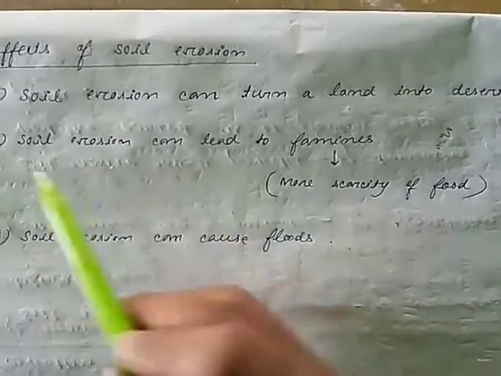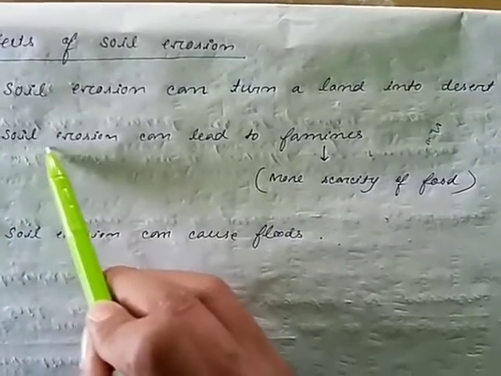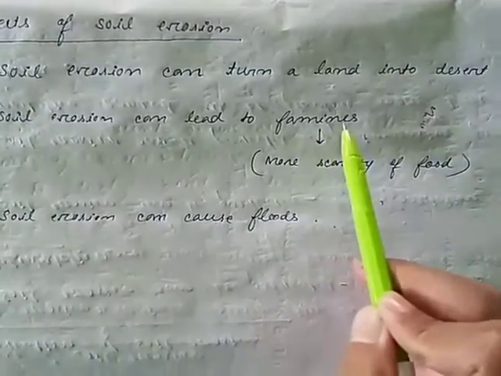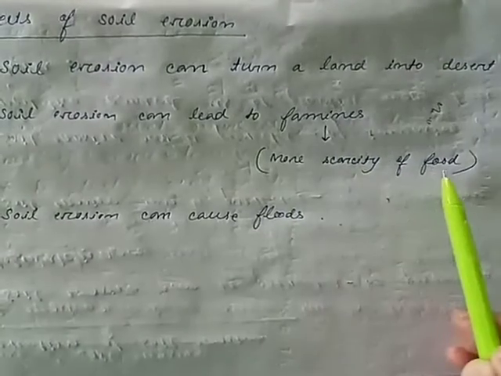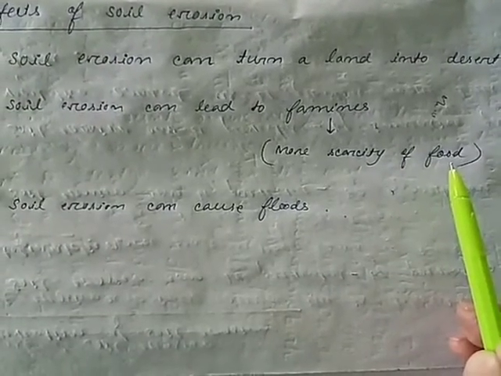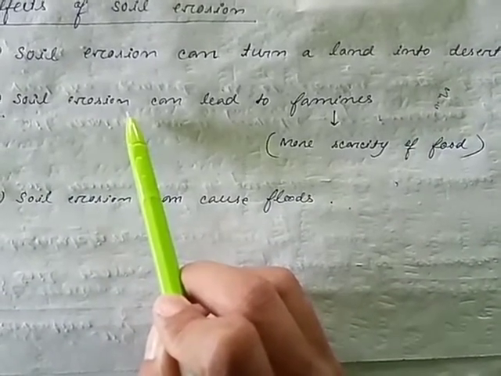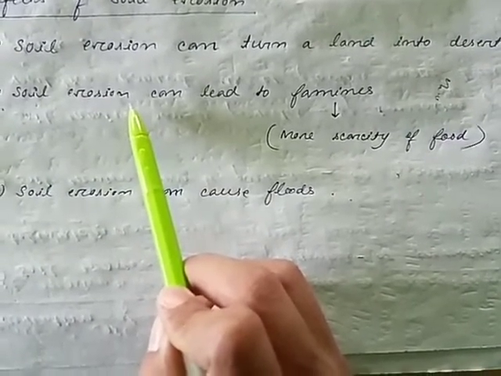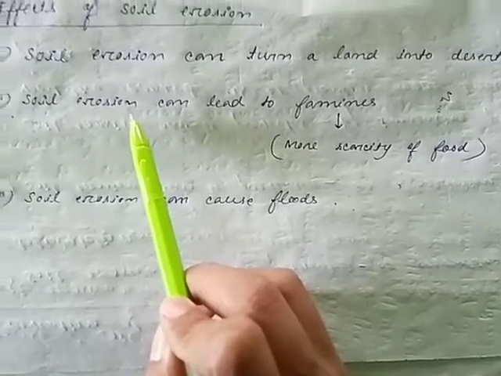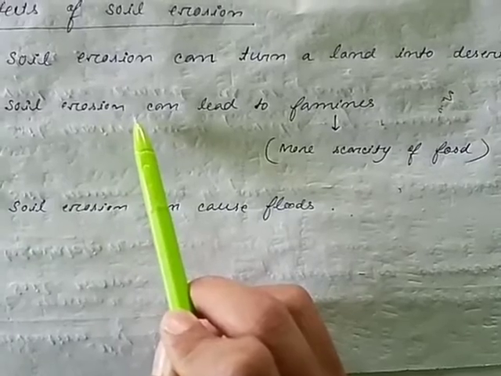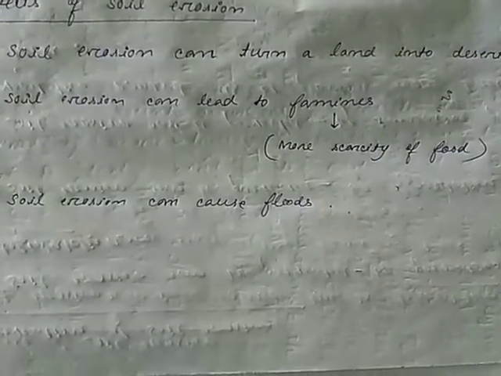Now number 2, soil erosion can lead to famines. Famines means more scarcity of food. So during soil erosion what happens? The top layer of the soil is removed or eroded. When the top layer is removed, then what will be left behind?